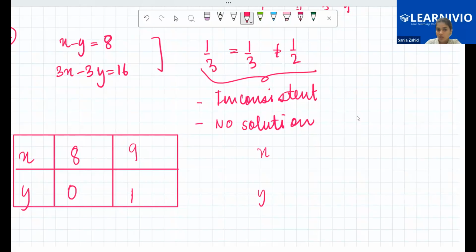Okay, no problem. Let's take x as 0, so we will have y as 16 by 3. So let's not take that. When we take 1, we will have 13 by 3. Let's try to take a number by which 16 and 3 become divisible.